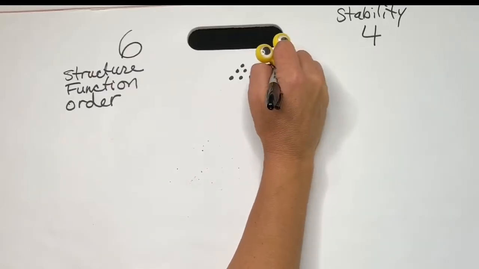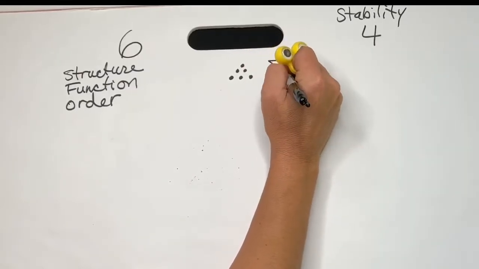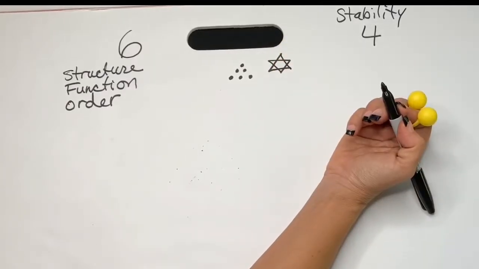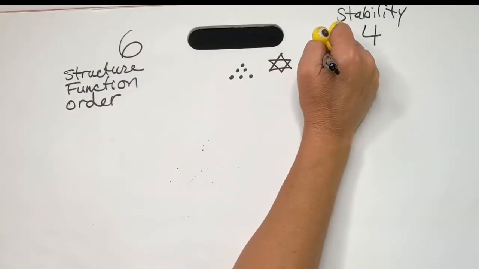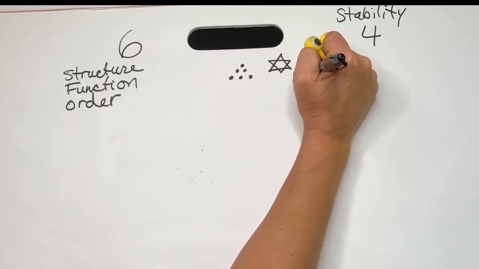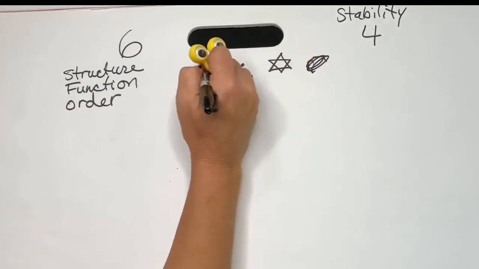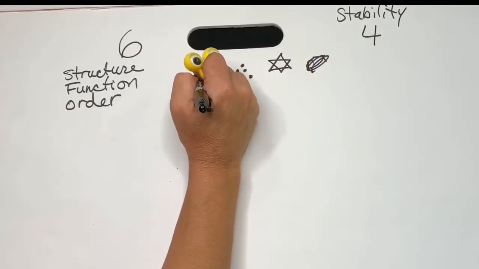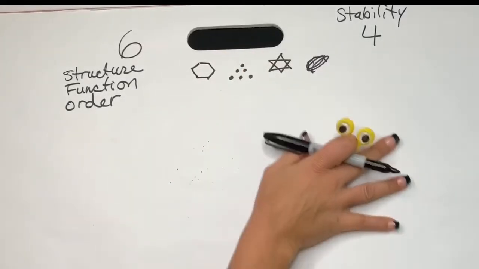The 6 is this. The 6. Nope, 6, not that. 6 is this. Which I will make for you geometrically down here.